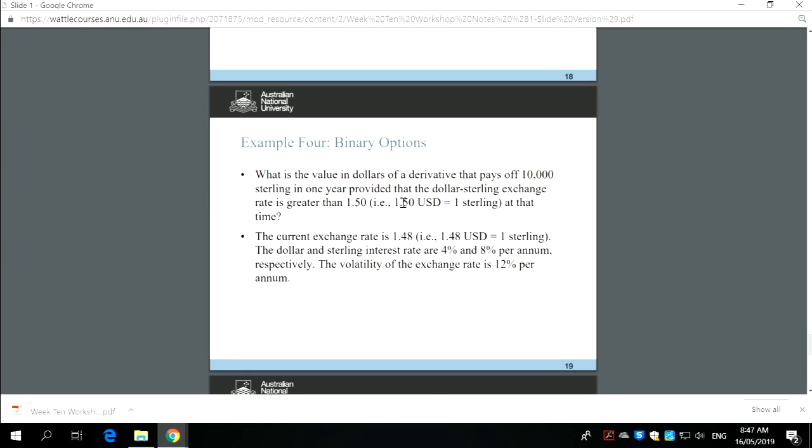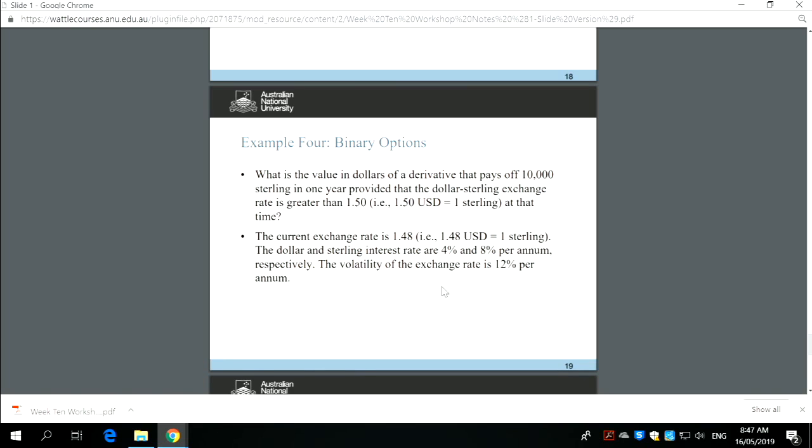So basically, we're spending $1.50 to buy 1 unit of sterling. And the current exchange rate, the spot rate, is 1.48. So basically, we're spending $1.48 to buy 1 unit of sterling. And what we're told is the dollar and sterling interest rates are 4% and 8% respectively. The volatility on the exchange rate is 12% per annum.